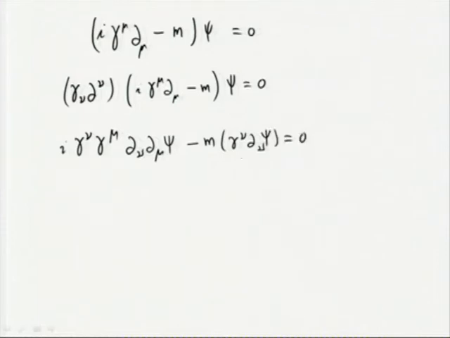First, let us look at the second term. γ^ν ∂_ν ψ, because of the Dirac equation, is now −i m ψ. So, this whole thing is −i m ψ because of the Dirac equation, the first line on this slide.